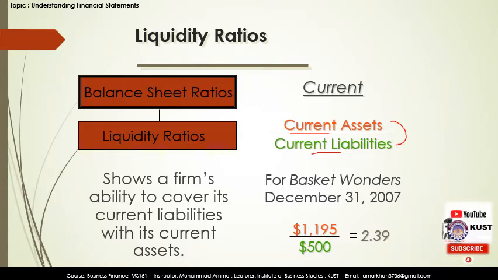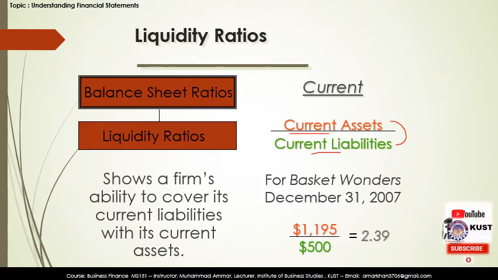And also we know that they have taken the example of Basket Wonder that we previously discussed in our lecture, and they have taken the balance sheet of Basket Wonder for the year 2007 and also the income statement of Basket Wonder for these ratios to check what we get when we put those values of Basket Wonder in our current ratio.